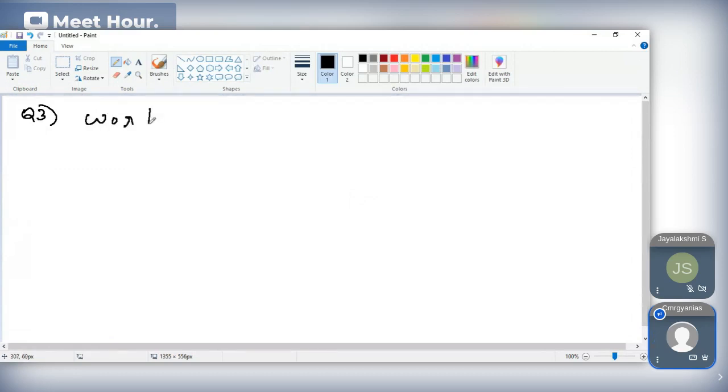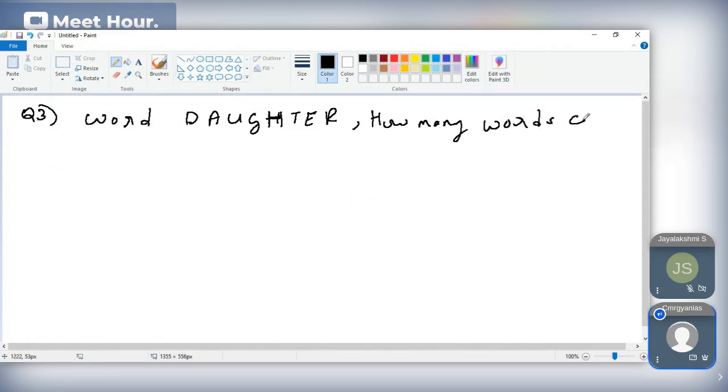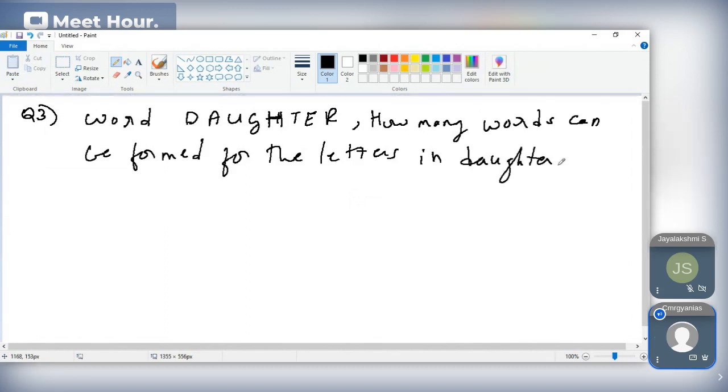There is a word, daughter. They say, in how many ways can words be formed from the letters in daughter, but there is one condition.